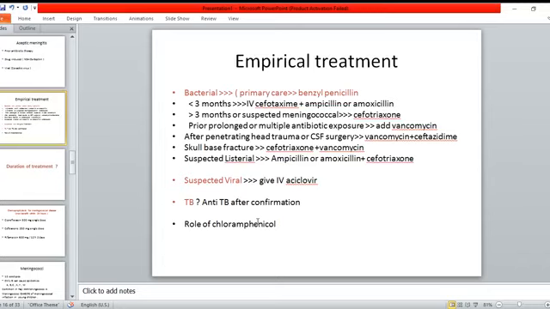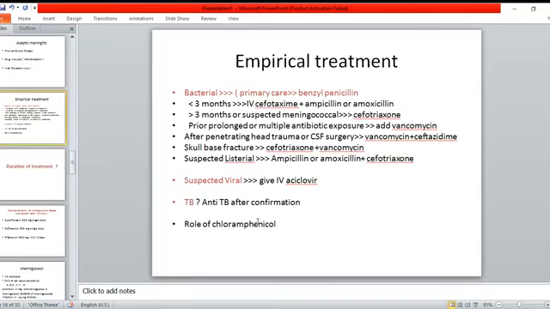Okay, so usually the classic combination in children below 3 months is ampicillin or gentamicin plus cefotaxime. Or if you have been given in the exam cefotaxime or ceftriaxone, that's according to NICE guidelines, cefotaxime plus ampicillin or amoxicillin.